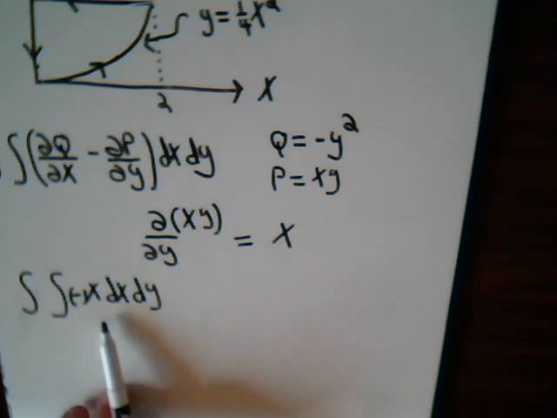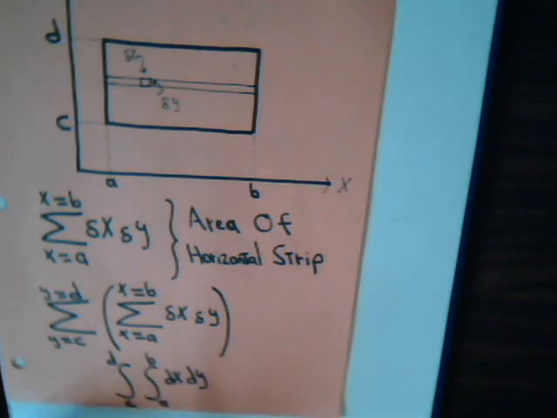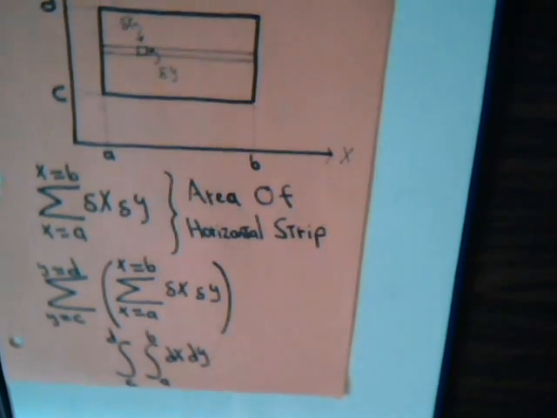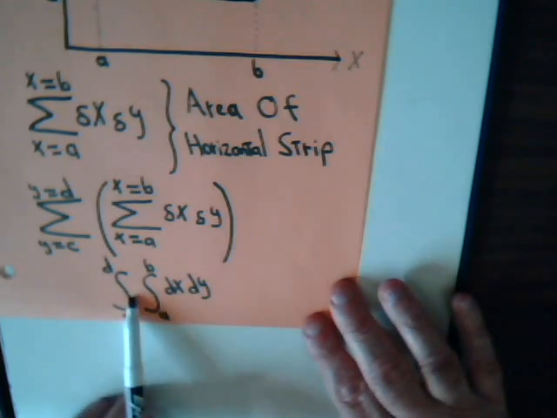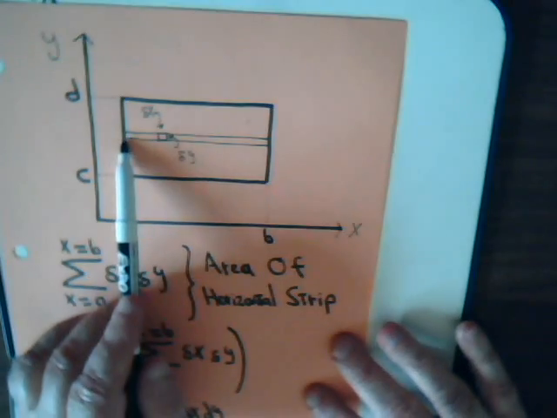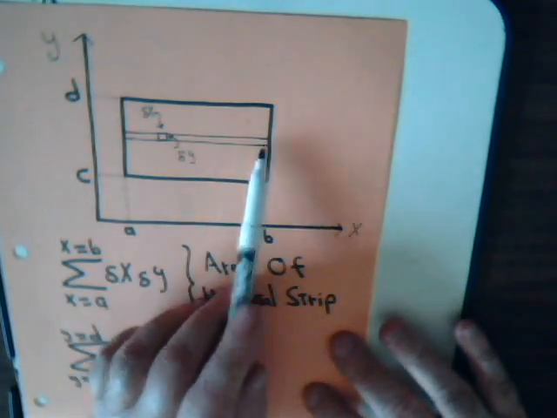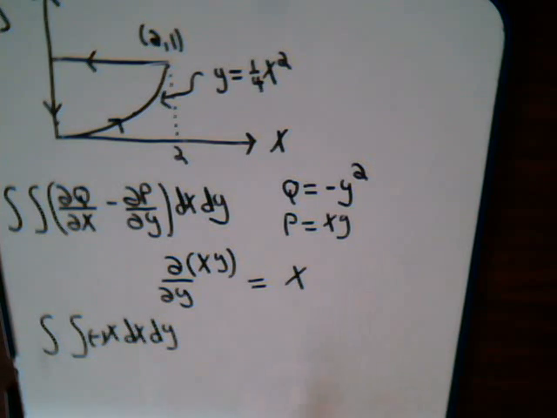If we keep it in this form, that means, if you remember from our introductory videos on Green's theorem, if it's dx dy, our double integral, that means now that we are using horizontal strips. So let's keep it in this form.